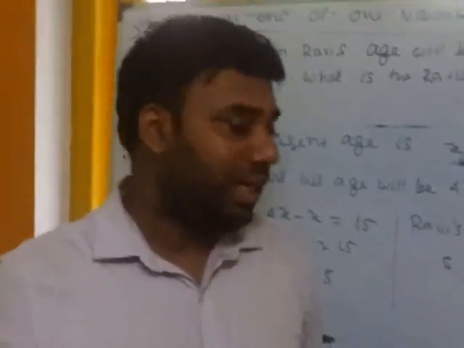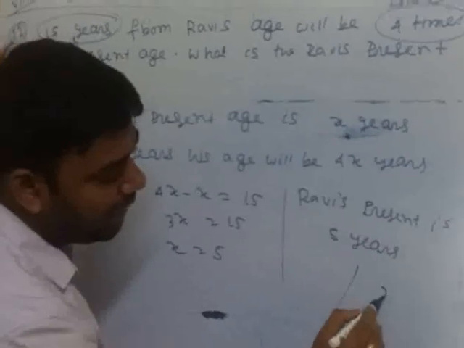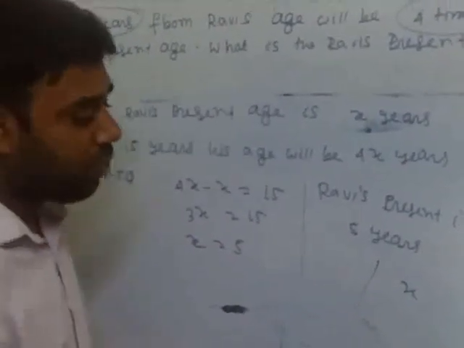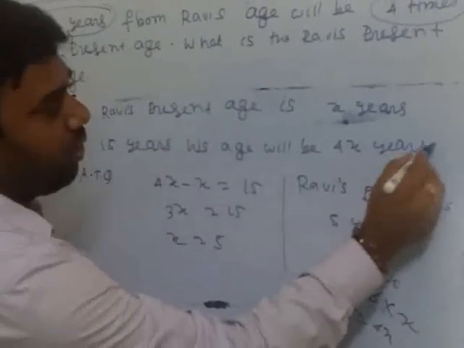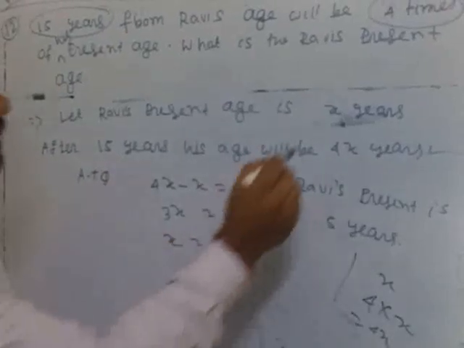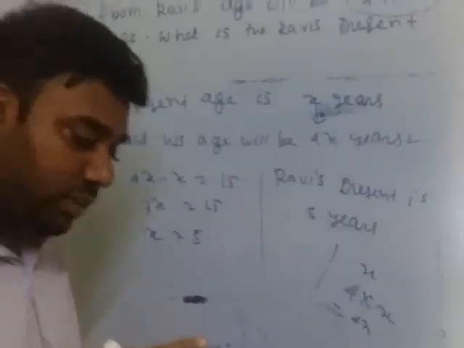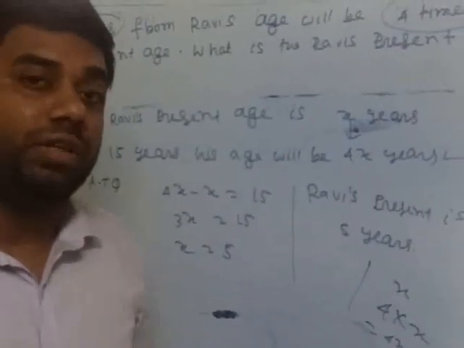After 15 years, his age will be 4 times the present age, which is X. So after 15 years, the age is 4 times X, that is 4X years. The present age is X, and after 15 years it will be 4X.